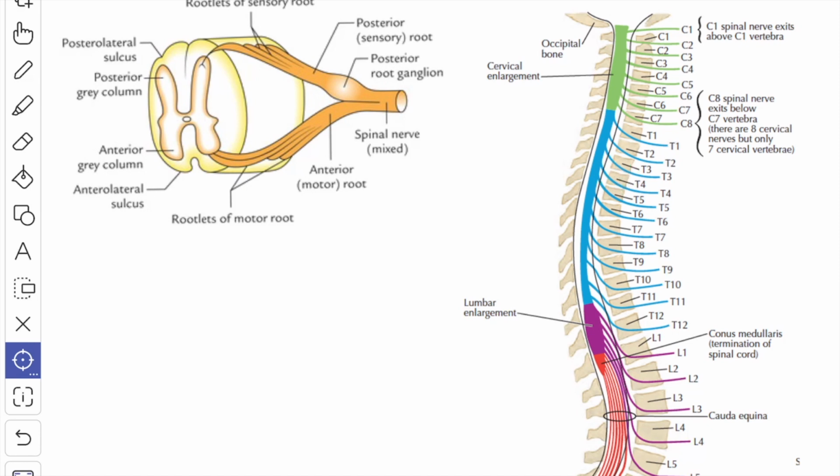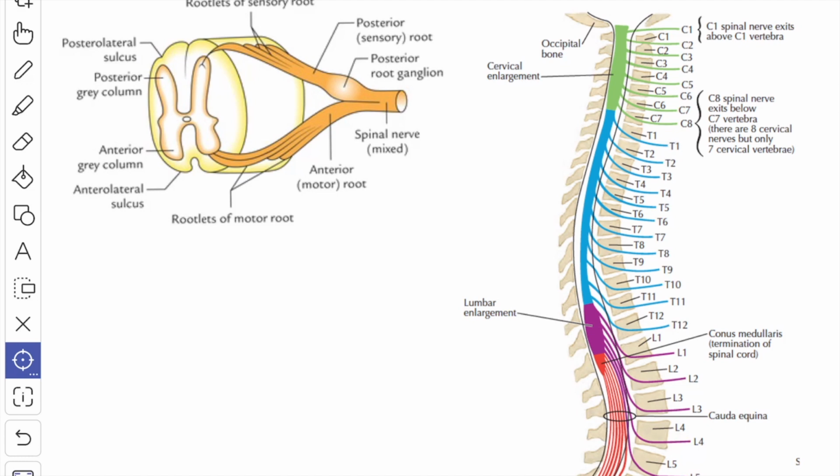Each spinal nerve is attached to the spinal cord by two roots, an anterior root which is motor and a posterior root which is sensory. The posterior root has a ganglion known as the posterior root ganglion, which consists of pseudo-unipolar cells. Each of the two roots is made up of a number of rootlets that arise from the spinal cord over a certain length.